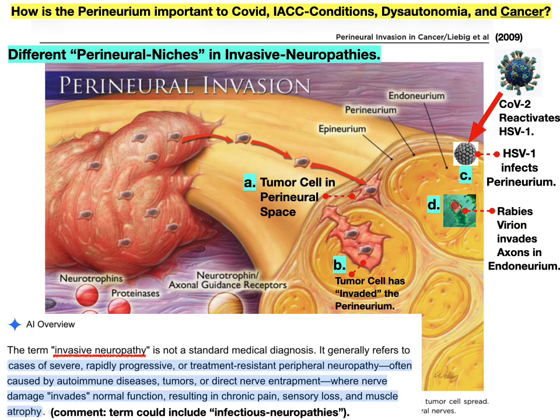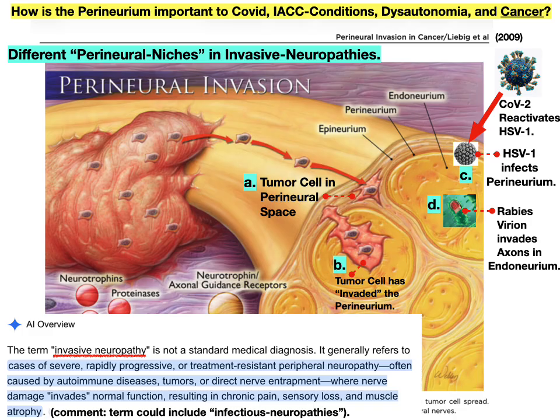So these concepts can be folded into a loose term, relatively new, which can be referred to as invasive neuropathy. The term invasive neuropathy is not a standard medical diagnosis. It generally refers to cases of severe, rapidly progressive, or treatment-resistant peripheral neuropathy, often caused by autoimmune diseases, tumors, or direct nerve entrapment, where nerve damage invades normal function, resulting in chronic pain, sensory loss, and muscle atrophy.